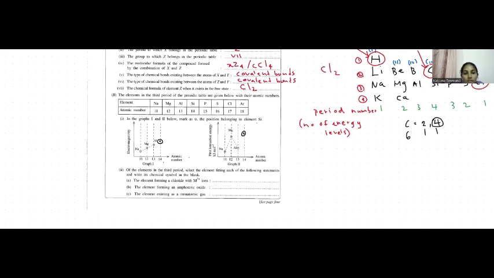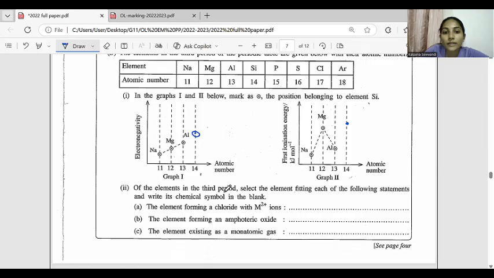Of the elements in the third period, select the element fitting each of the following statements and write its chemical symbol in the blank. The element forming a chloride with M2+ ions. For forming 2+ ions, 2 electrons should be released. So to remove 2 electrons, there should be 2 valence electrons.